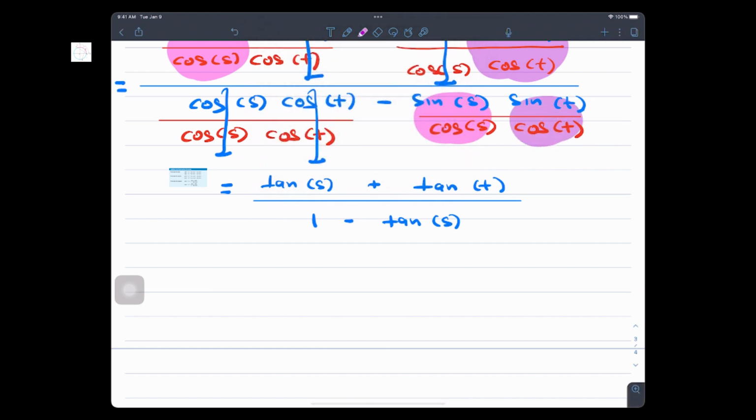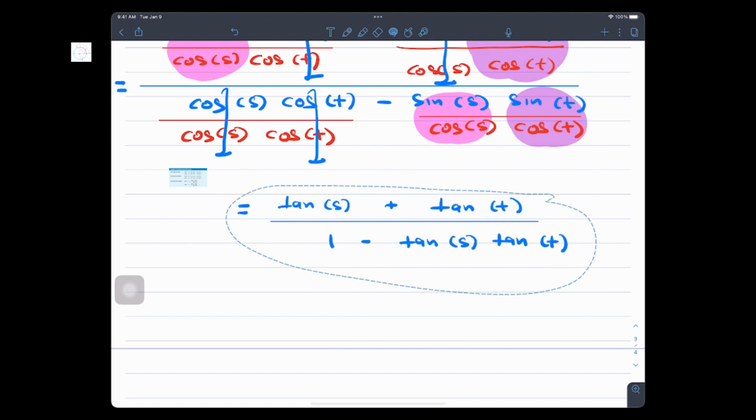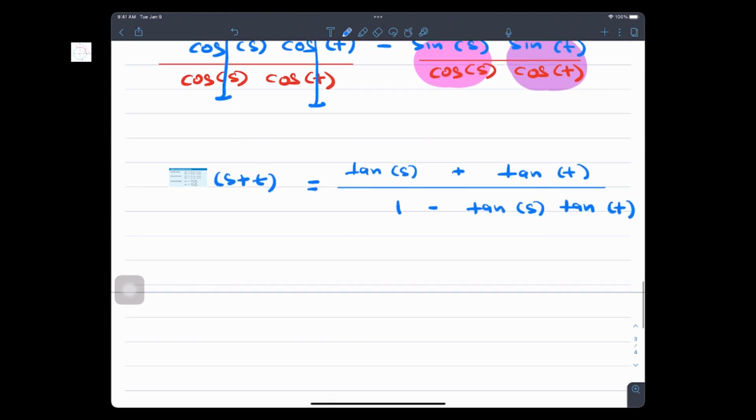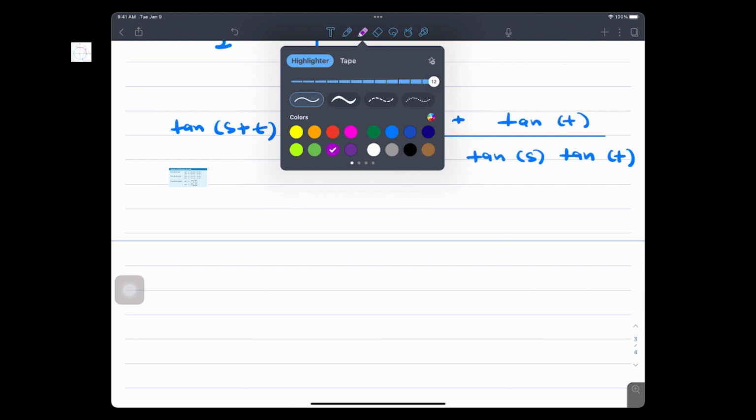Cosine. Tangent of a what? Sum. And there it is. Okay.